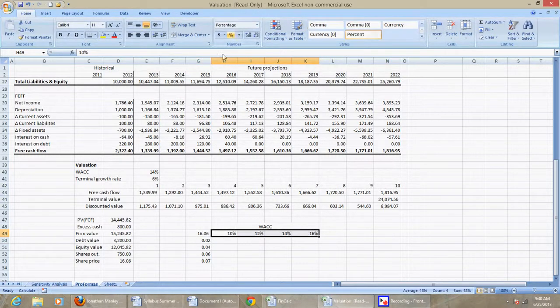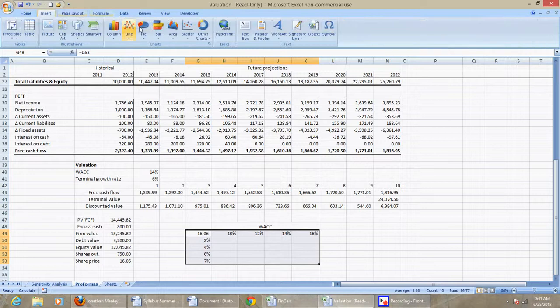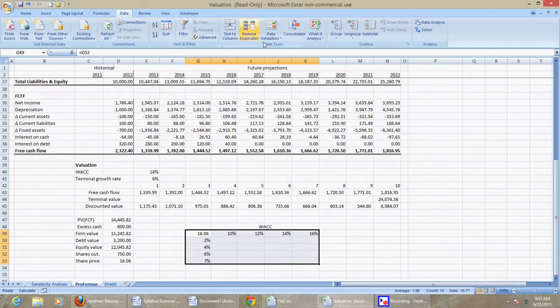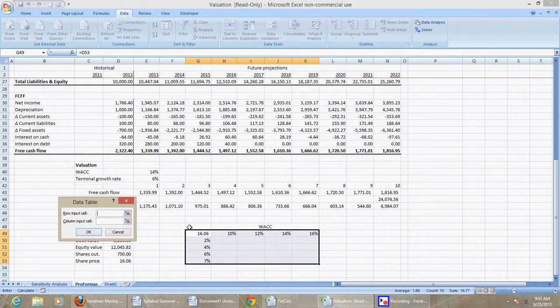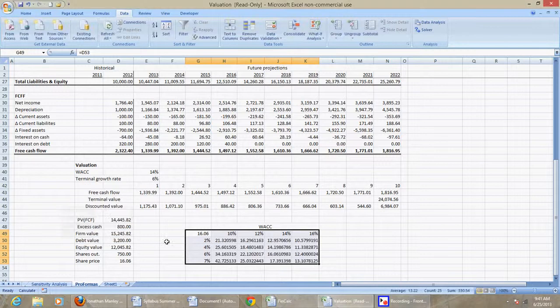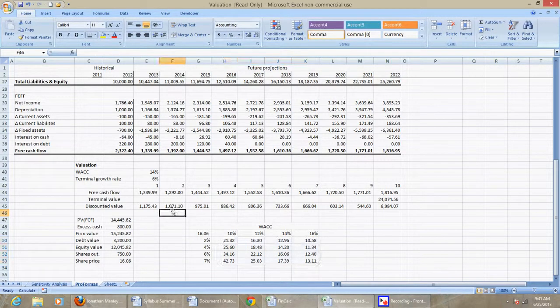And I'll get this formatted correctly. And now I can just do insert. Sorry, I'm on the wrong spot. What-if analysis, data table, the row cell, what's in the row, whack, the column is the terminal growth, click OK, format all this stuff, and then from there you know how to do the conditional formatting, so that's quick and dirty valuation.